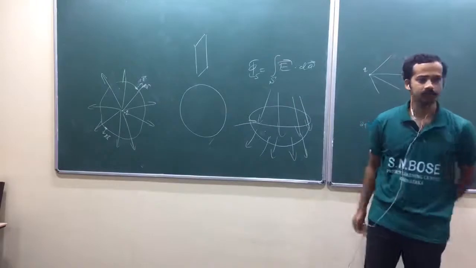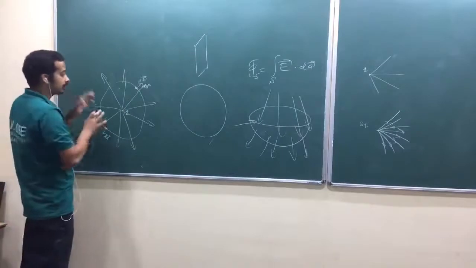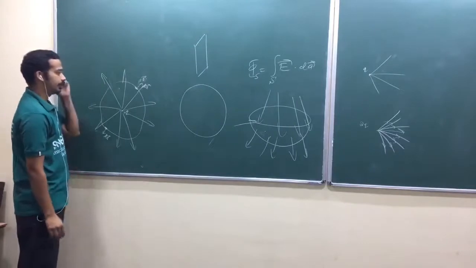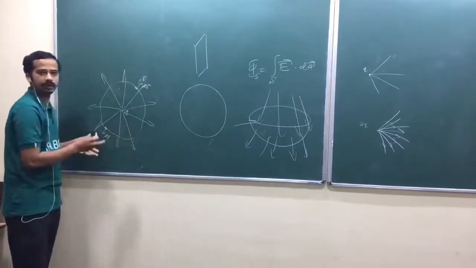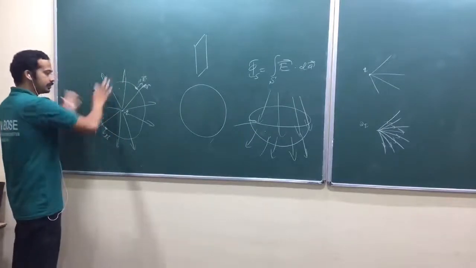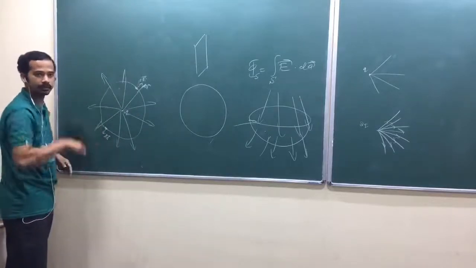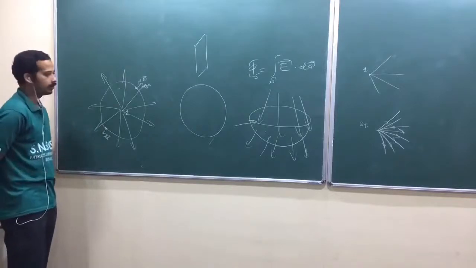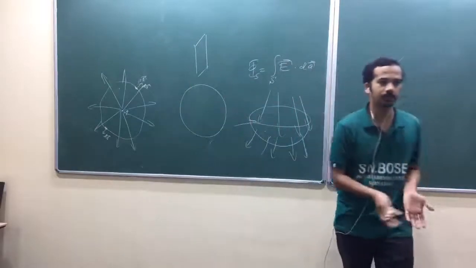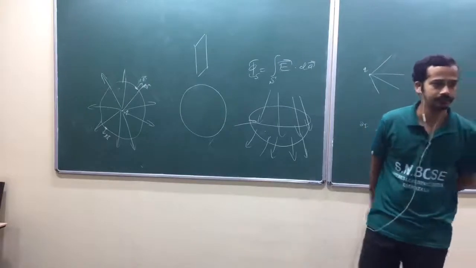So if field lines are going outward from that region, we can say outward flux, and if field lines are going inward to that region, that will be inward flux. So the idea of choosing your area vector outward from the region of the closed surface is to make outward flux positive and inward flux negative.